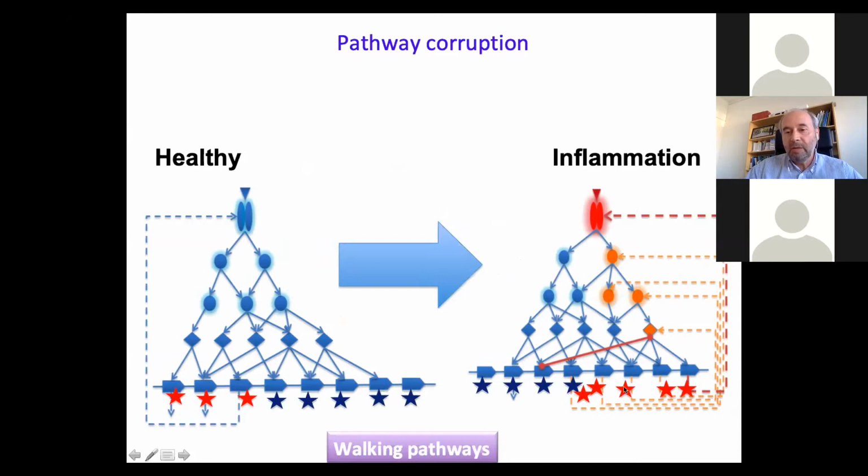So those red stars are indicating the SNPs, and in the disease conditions, those SNPs can lead to feedback loops, which may determine a higher susceptibility to a particular disease.